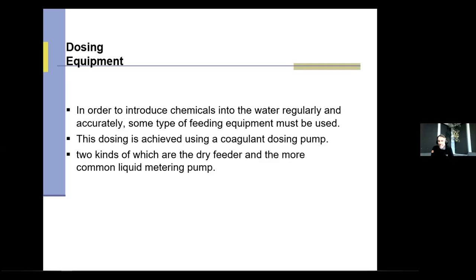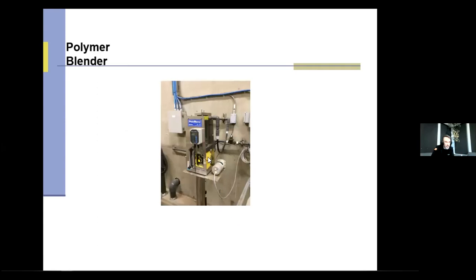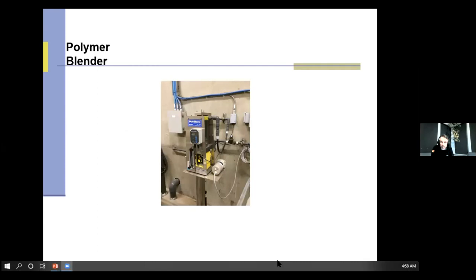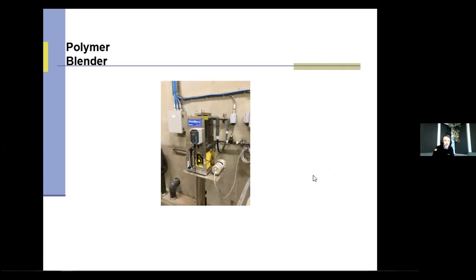We see this more in liquid form, so you're going to use some sort of liquid feeder and pump, something similar to this here, either a diaphragm pump or a peristaltic pump that will pump the liquid to the water.